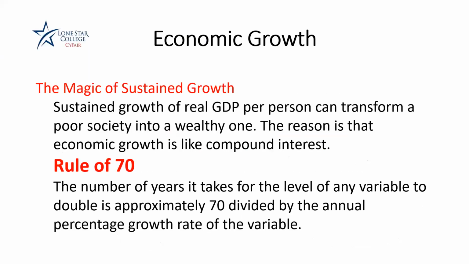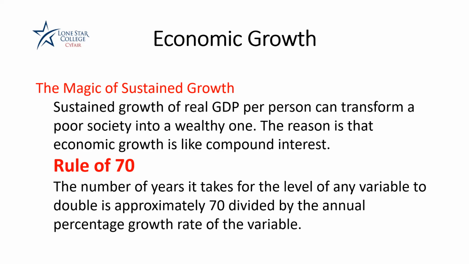Okay. Another concept we have when it comes to economic growth is this rule of 70. Again, I have a separate video talking about it and telling you how you can use the formula and calculate it, but just briefly remember that the rule of 70 is an easy way for economists and politicians to predict how many years it will take for a country to double the current economic growth rate.